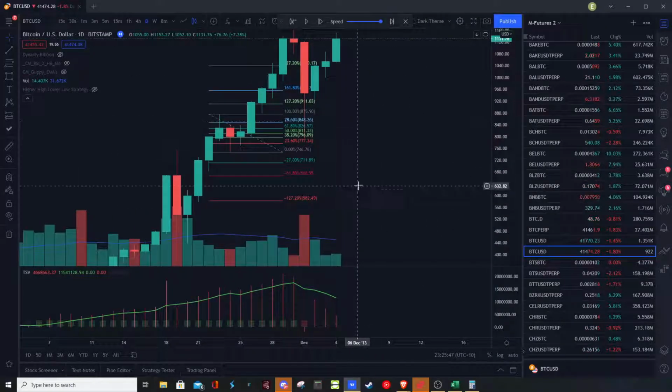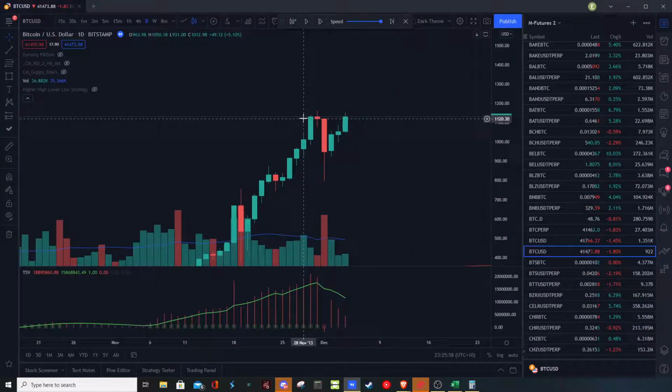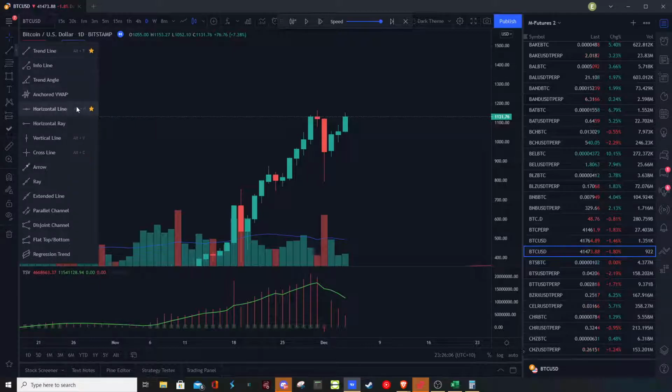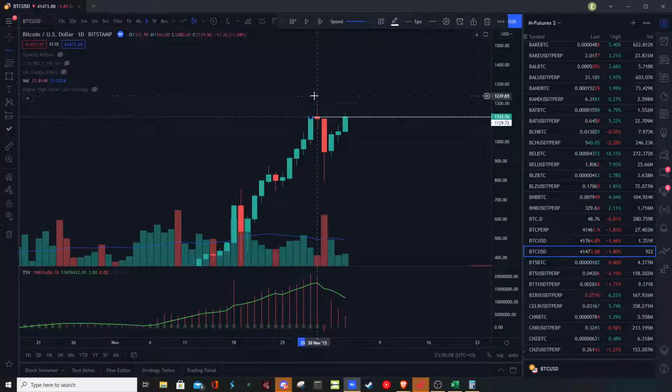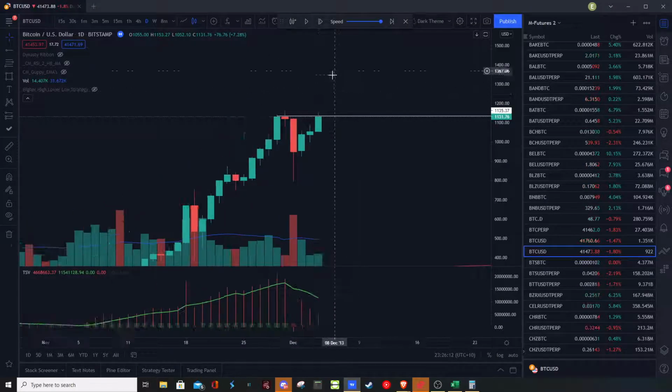Okay, so let's see. We've got TSV dropping here, so volume's descending, so we've got low volume. That may be just a double top just there. Depending on how you wish to trade, this could be a double top, and if you take double tops, then you're short.